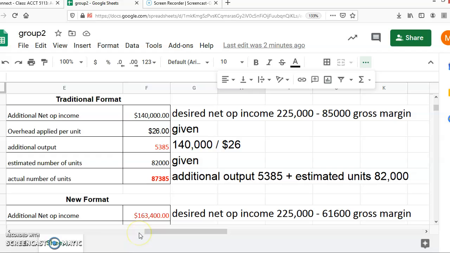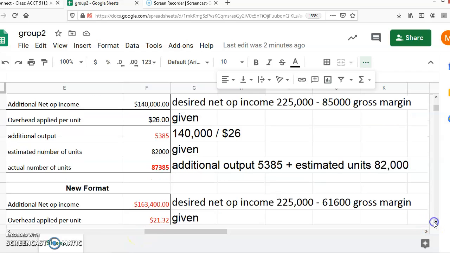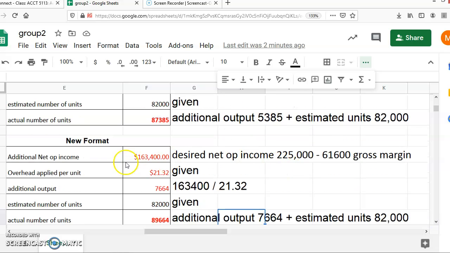And that gave us, in the new format, the additional net operating income. We took the desired net operating income of 225,000 minus 61,600 gross margin, and we came up with that number. Overhead applied per unit of $21.32 is given to us.